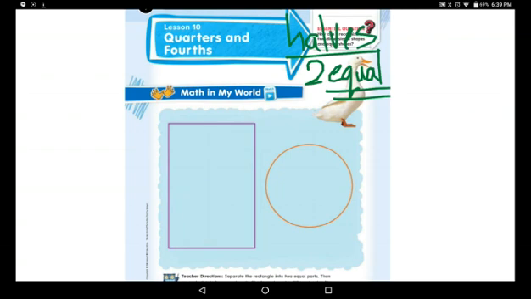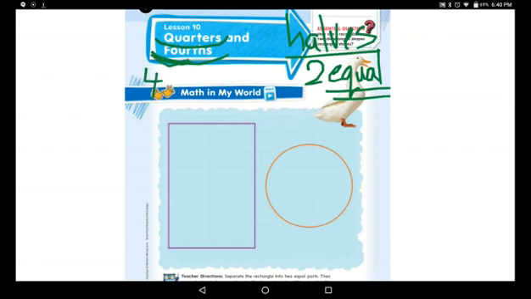Our lesson today is going to be about also equal parts, but it's not two equal parts. It's a different number of parts. You can know it by yourself. I will read the title for you again. It's quarters and fourths. Yes, great job. It's from the word four.